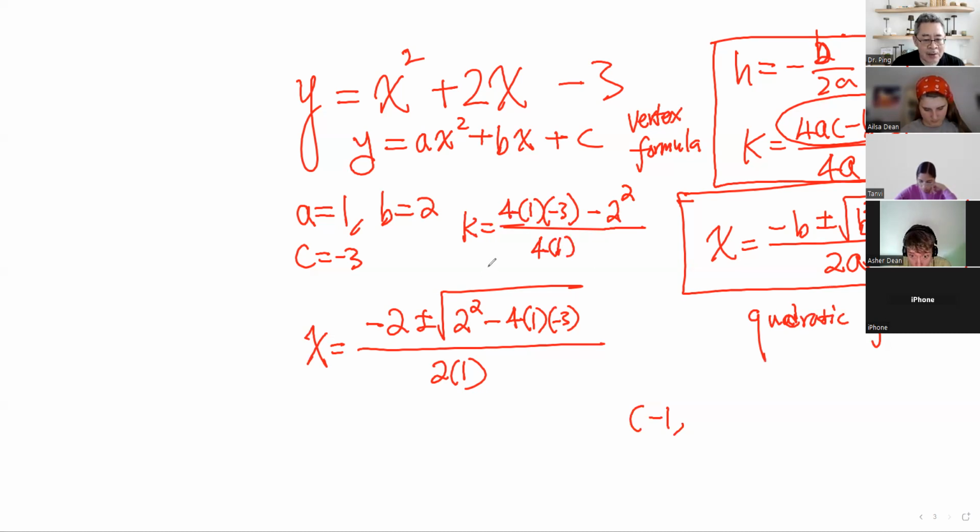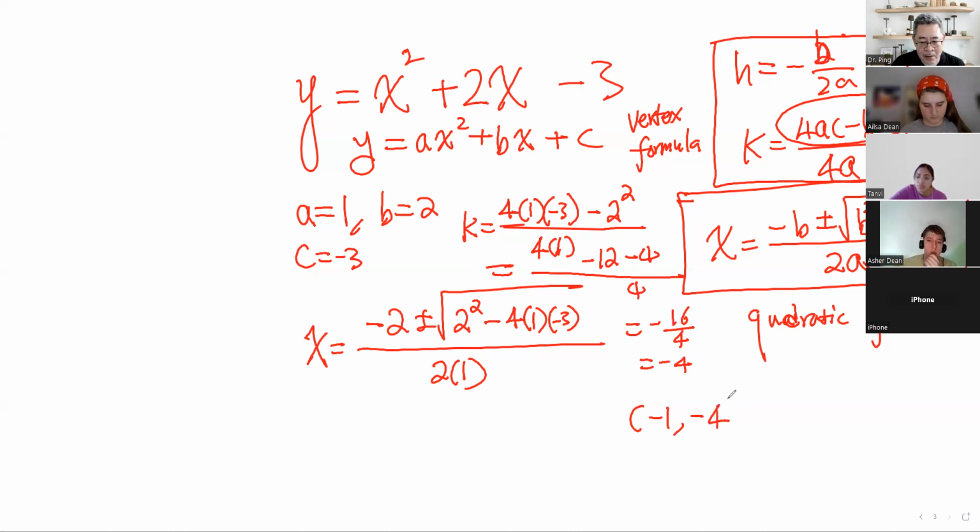So that gives us -12 minus 4 over 4. That gives us -16 over 4, which gives us -4. So that's where our K is. Okay, are we good on the H and K?